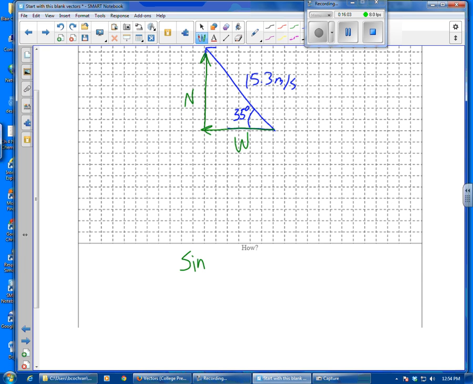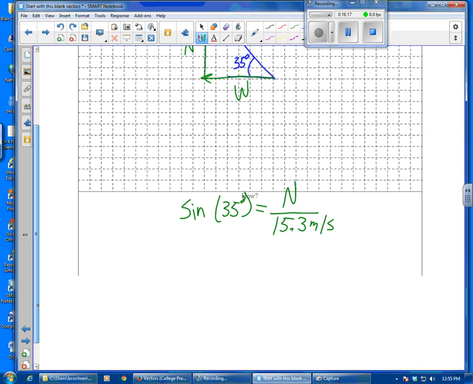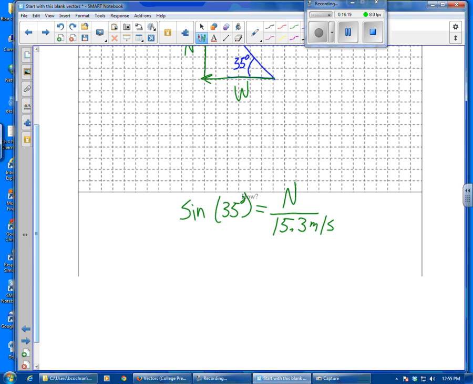Sine of 35 degrees equals the opposite side, which I called n, over the hypotenuse, 15.3 meters per second. I'm going to rearrange that to solve for n. Bring the 15.3 meters per second over on the other side. 15.3 sine 35 degrees equals north.